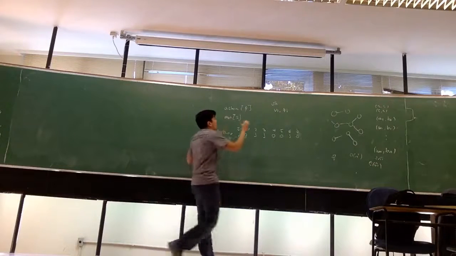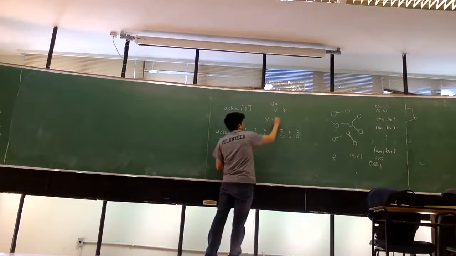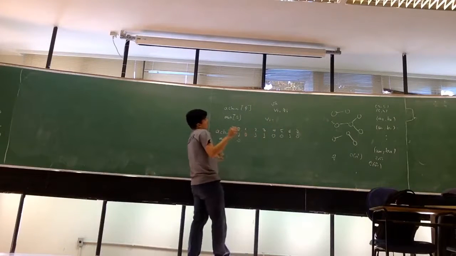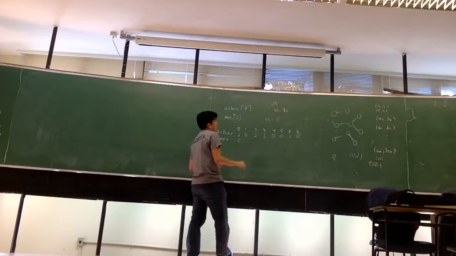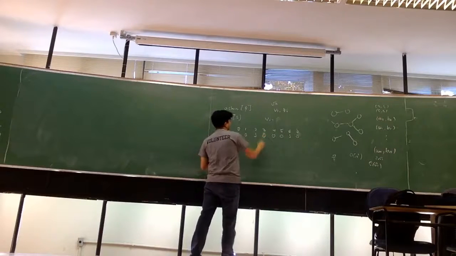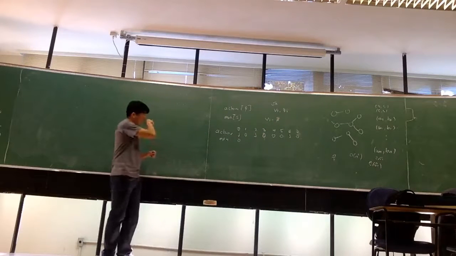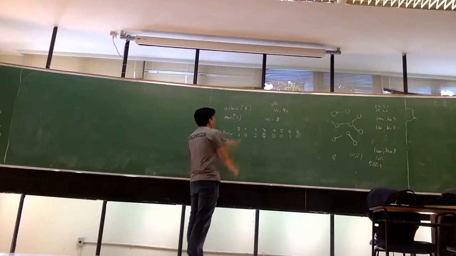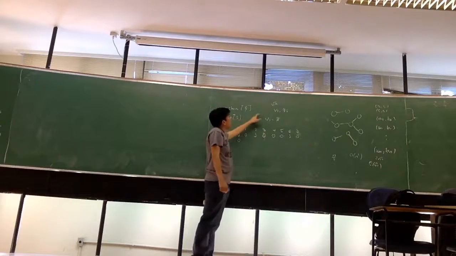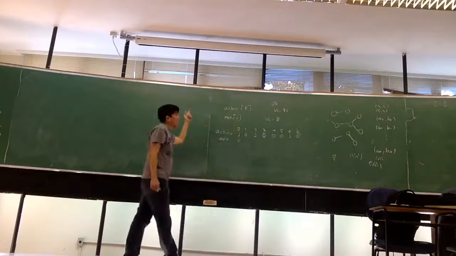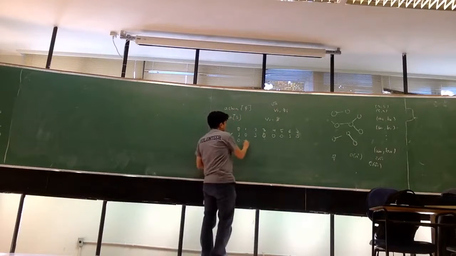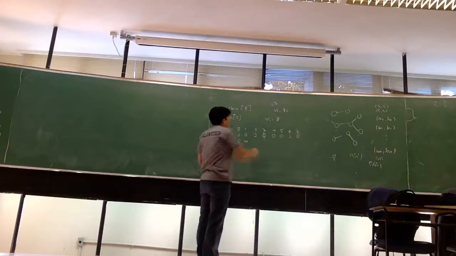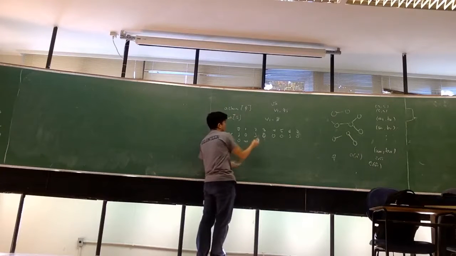Let's, for example, take vi equals 3. I cannot achieve 1 using only 3's, so this guy remains unachievable. I can achieve 2, but 2 is already achievable, so the actual number of elements is 0.